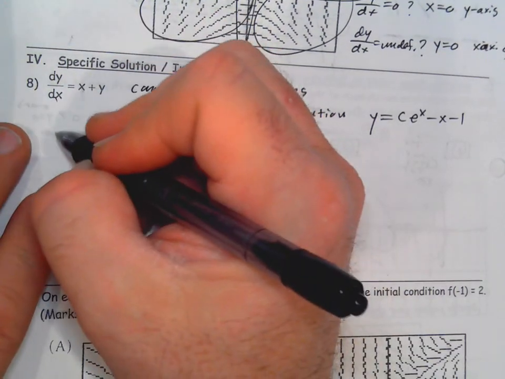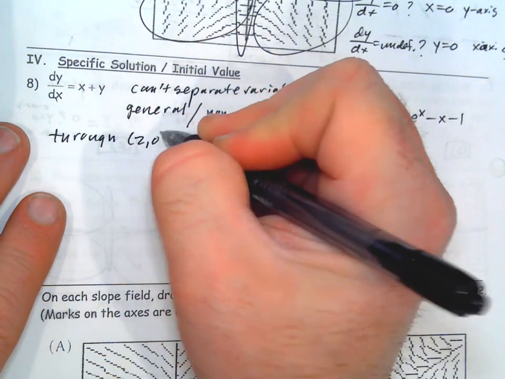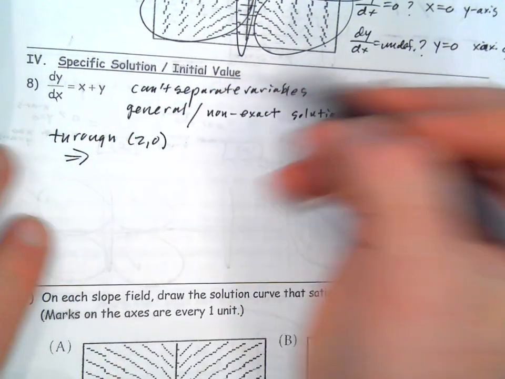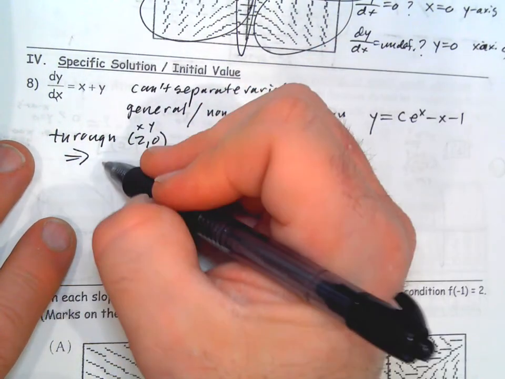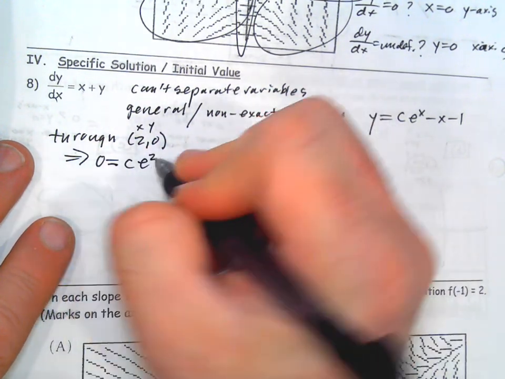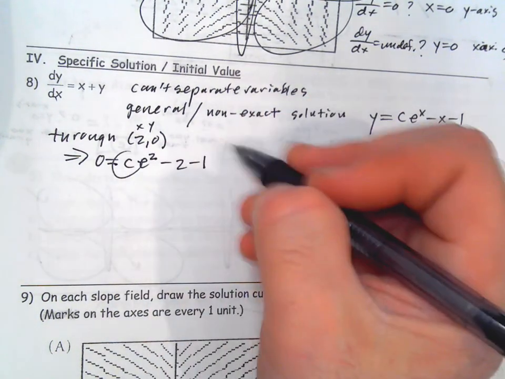So if I gave you an initial condition, and you use that general solution, we could find the c value, right? We could say, okay, well, this is x, this is y, so plug 0 for y. We could solve for c.